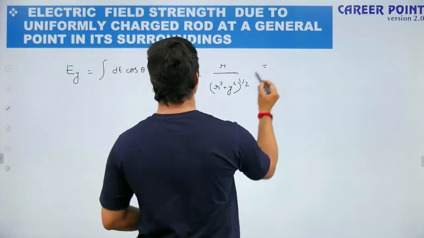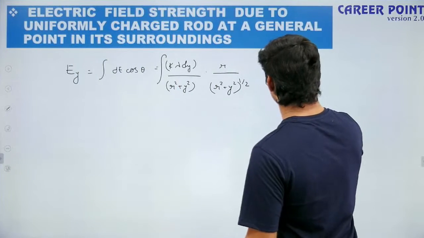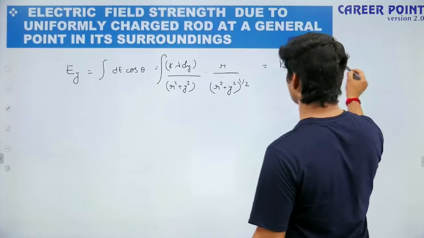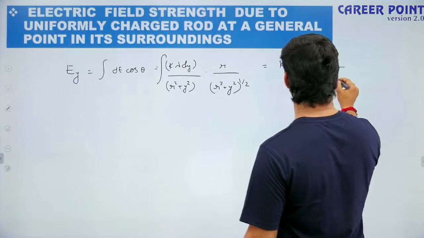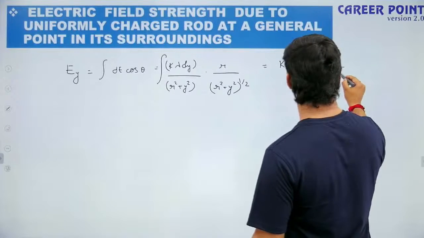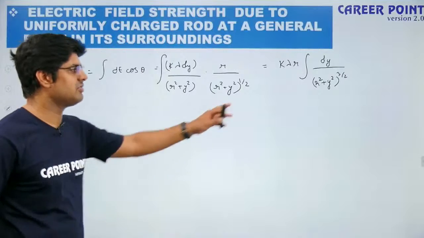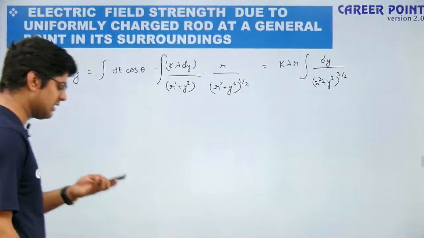So from here we get K lambda r dy divided by r square plus y square raised to power 3 by 2, integral of this. And we already know how to write the integration of this, we have already used it. Let me remind you.